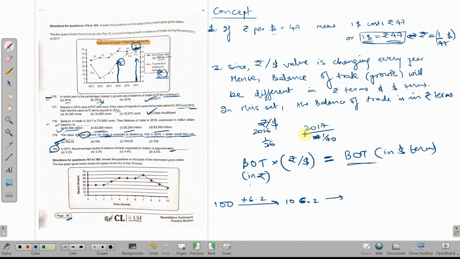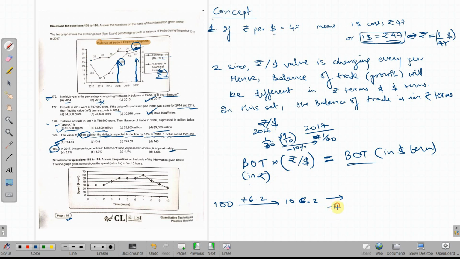Can I say 1 by 36 से 1 by 40 it has increased or decreased? ठीक है, तो बेसिकली 1 by 36 से 1 by 40 इट हैज़ बिकम 9 by 10 टाइम्स. इसको इंटू 9 करोगे तो 4 होगा, एंड डिवाइड बाई 10 करोगे तो इट बिकम्स 1 by 40, राइट. सो 9 by 10 का मल्टीप्लायर मतलब इट हैज़ एक्चुअली डिक्रीज्ड बाई 10%, राइट. इट हैज़ डिक्रीज्ड बाई 10%.